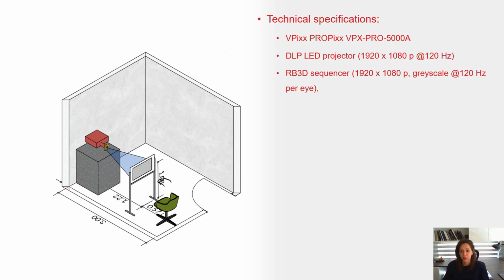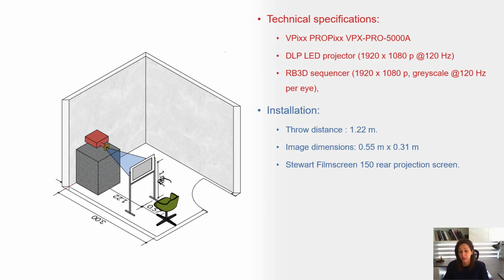Regarding the technical specifications, we document the specific projector model, the imaging and light engine technology, and the specific video sequencer used for stereoscopic stimuli. As for the installation details, we document the throw distance, the projected image size, and the screen material.